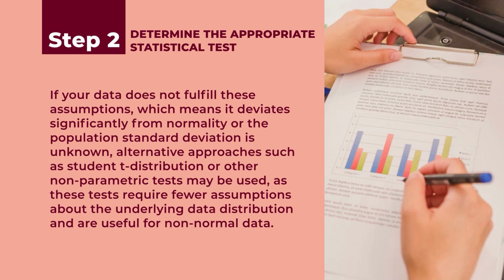However, if your data does not fulfill these assumptions, which means it deviates significantly from normality or the population standard deviation is unknown, alternative approaches such as the student t-distribution or other non-parametric tests may be used, as these tests require fewer assumptions about the underlying data distribution and are useful for non-normal data.